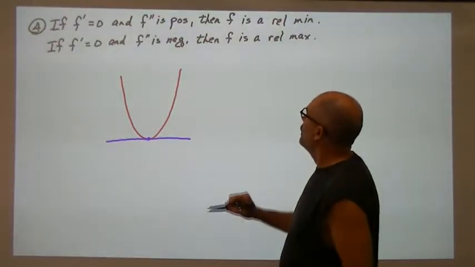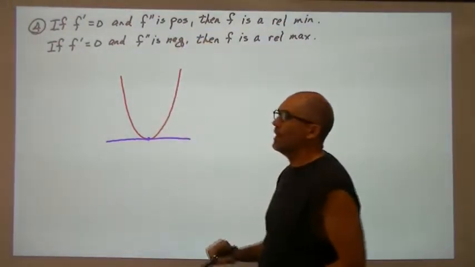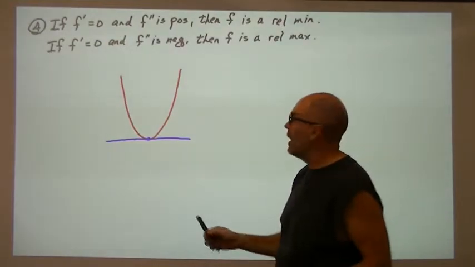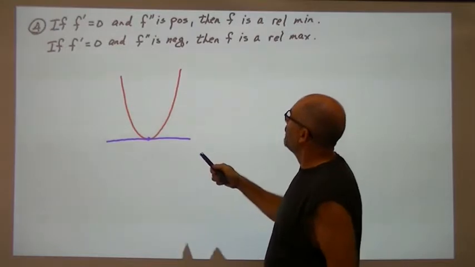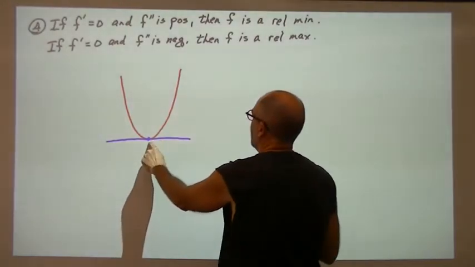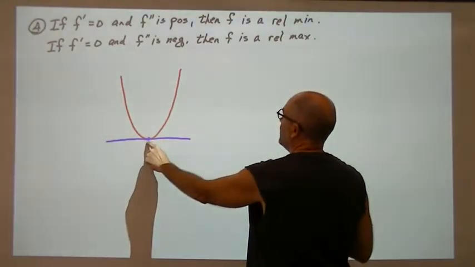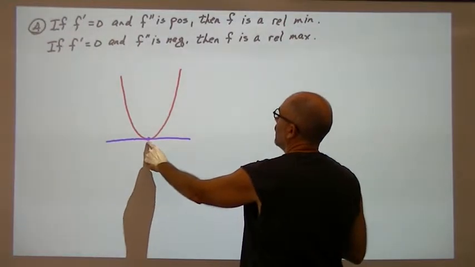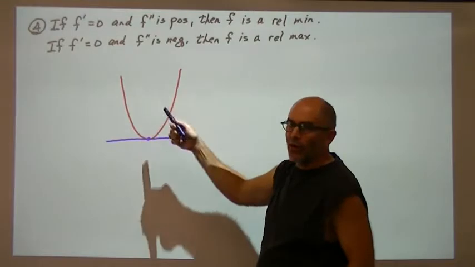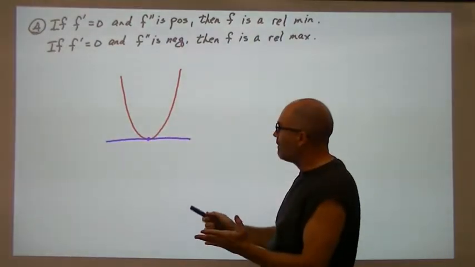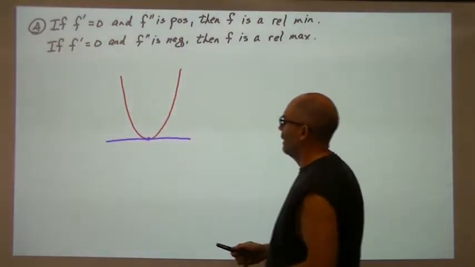Now, notice here f double prime is positive. How do we know? Because it's concave upward. Well, notice if I've got the slope of the tangent being 0 and concave upward, I'm guaranteed to have a relative min.